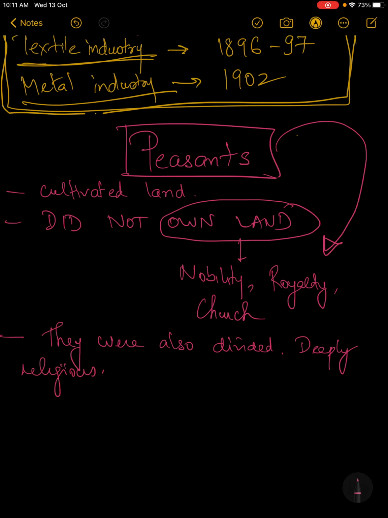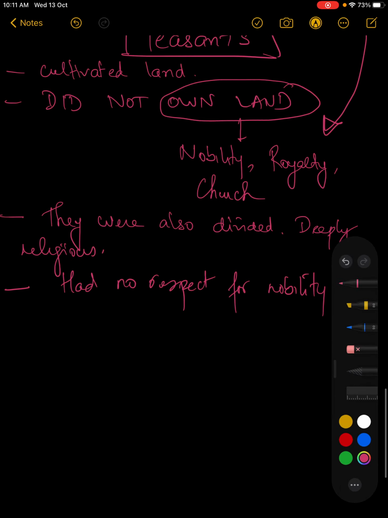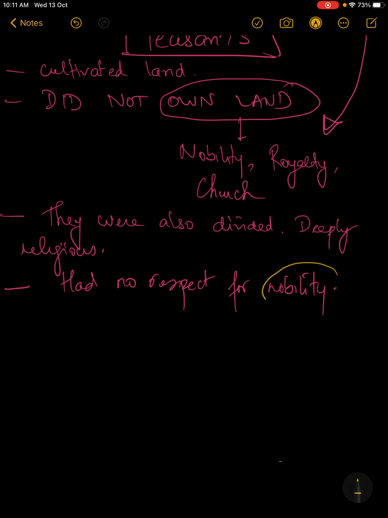They were deeply religious people. Meaning they loved Jesus. They had no respect for the nobility. They just really did not care for the nobility. They had zero respect because nobility was not chosen on the basis of merit.